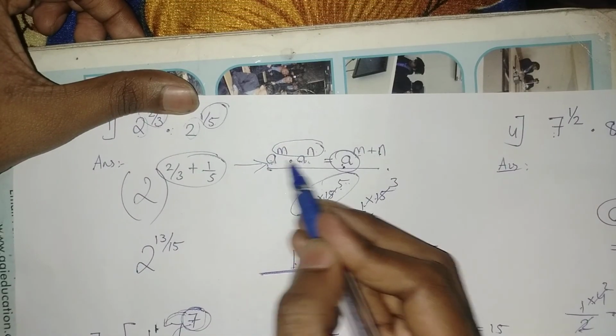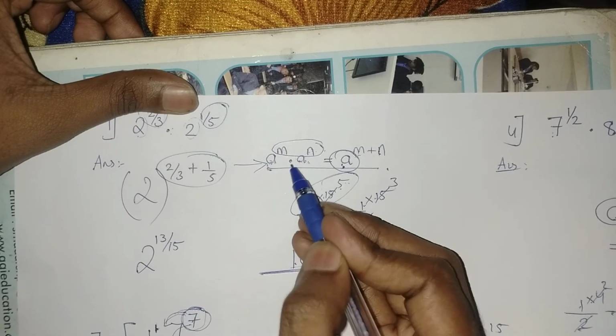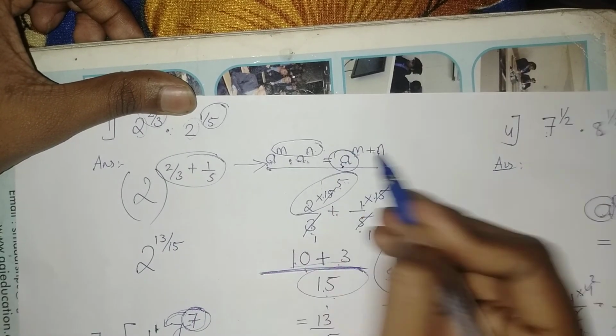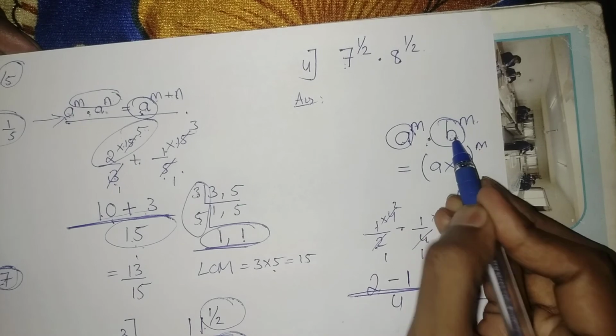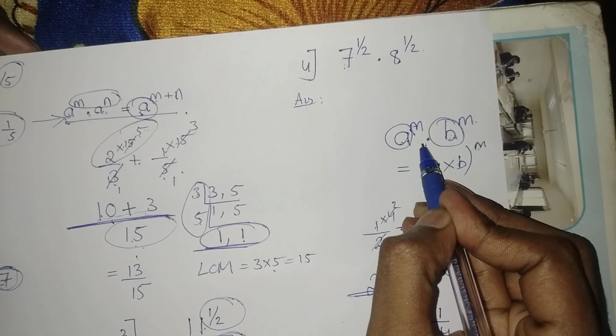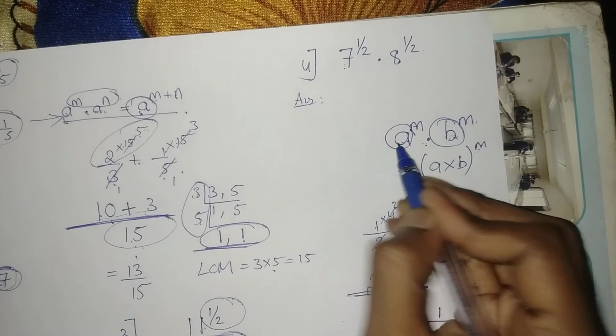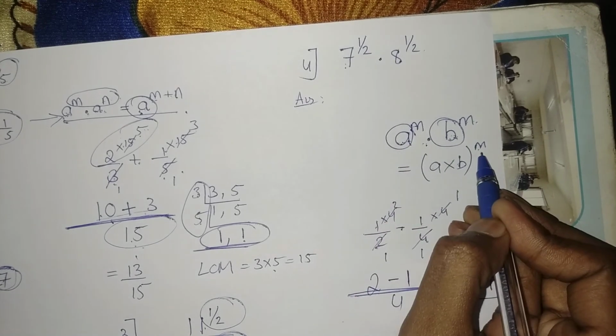Remember, when the bases are same and we have different exponent and a multiplication sign, retain the base only once and add the exponent. But here, if the bases are different and the same exponent with the multiplication sign, multiply. I am not using the word add. We have to multiply the bases and retain the exponent once.